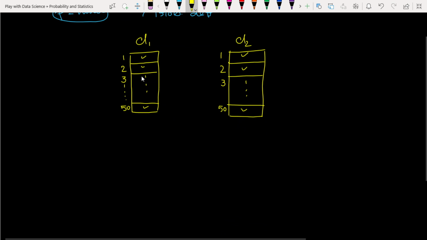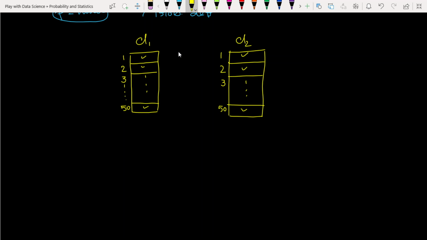After collecting these observations, these are the simple observations, and the 50 is the sample size for each class.